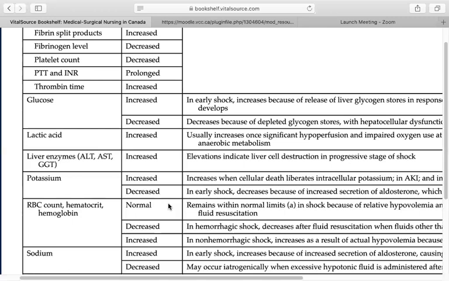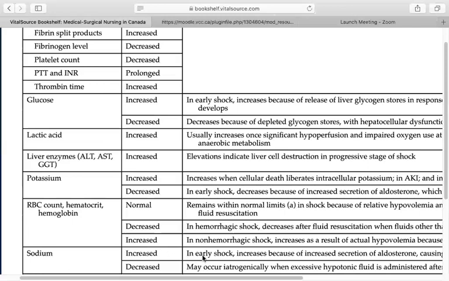Of course, they could be normal because maybe there's fluid resuscitation going on. What does that look like? So maybe they started out as being dehydrated, so hematocrit went up, but then now they're getting IV fluids, so now they're normal. So RBCs, hematocrit and hemoglobin could be all over the place. Just depends on what's going on with the patient.